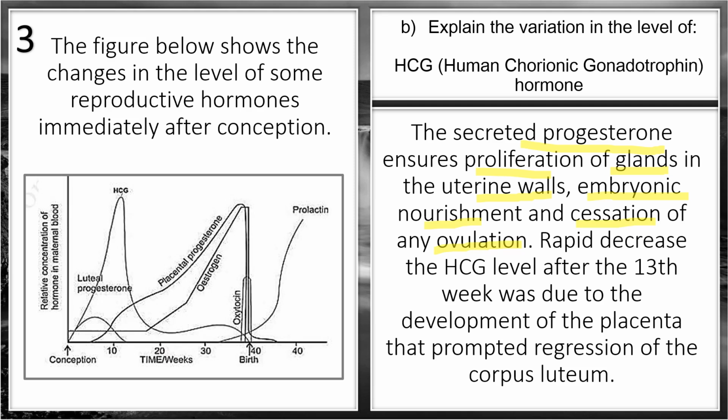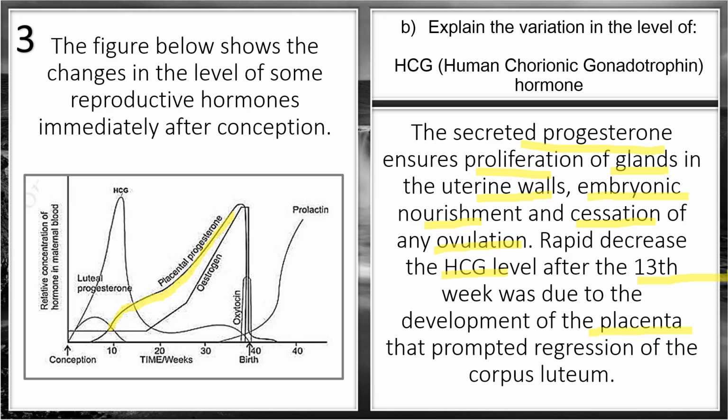So when we have this surge and increase in the placental progesterone, it is causing the proliferation of the glands in the uterine walls, and it is needed also in the embryonic nourishment and prevention of any ovulation taking place.